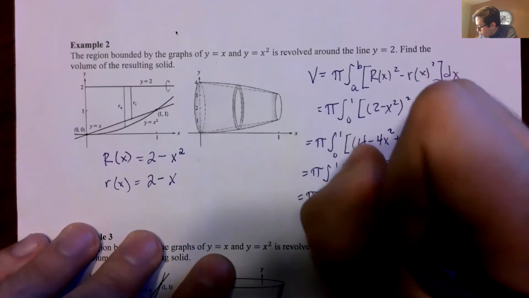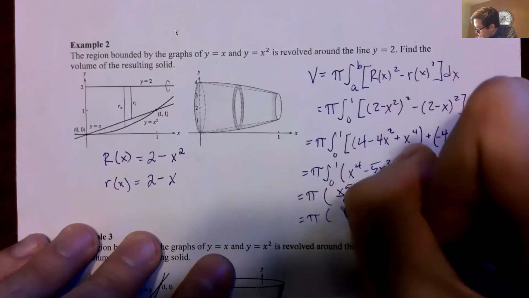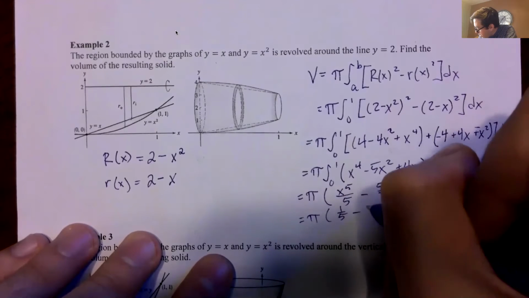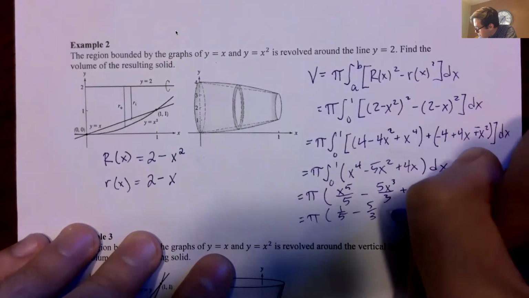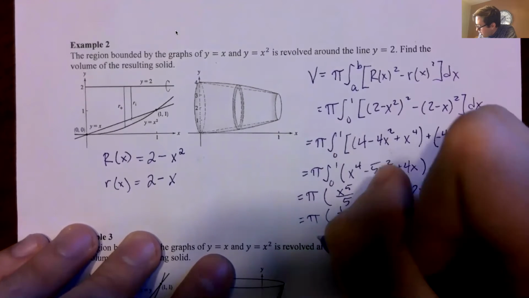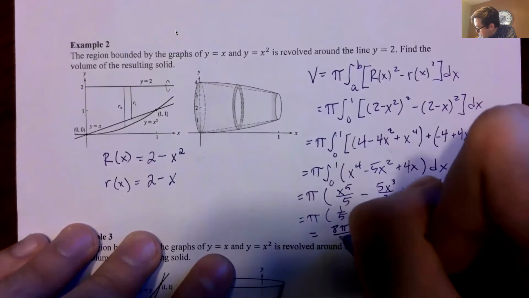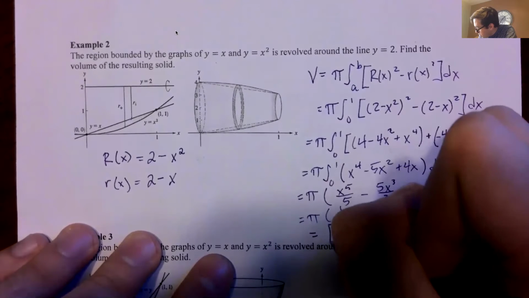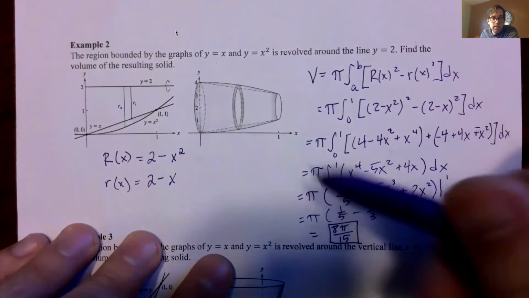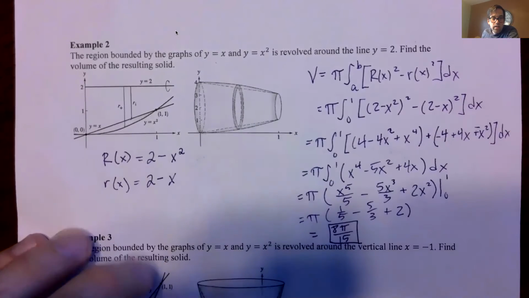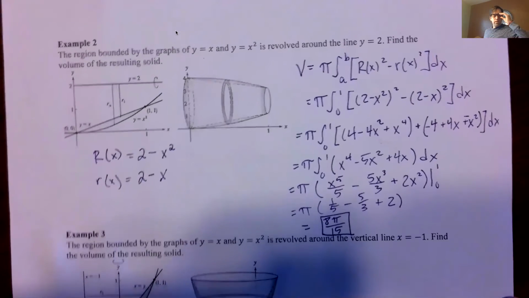So I only really have to plug in 1. So we get 1/5 minus 5/3 plus 2. And that equals 8 pi over 15. So that is the volume of this 3D solid. All right. There you go.